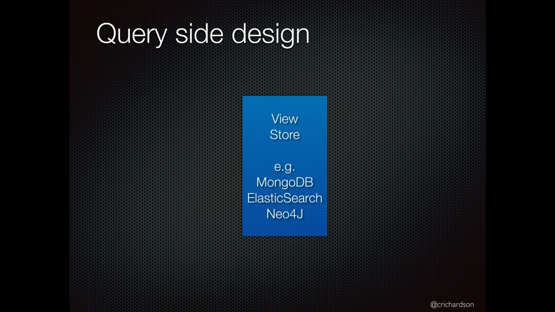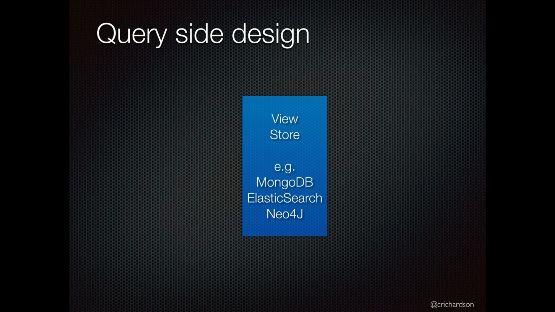So if we were to look at the query side in a little bit more detail, it would implement some kind of data store or view store using a database, whatever database was suitable for the queries that it needed to support. It could, for example, use MongoDB. It could use Elasticsearch for doing text search.